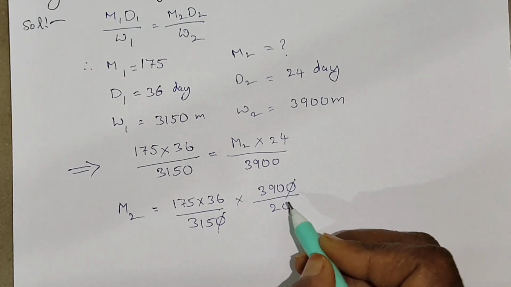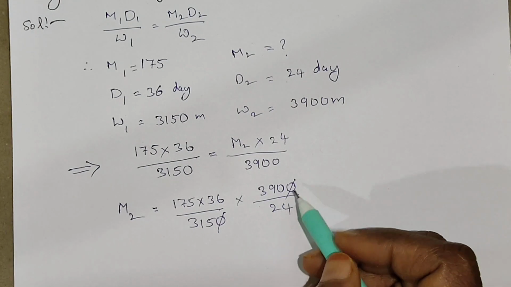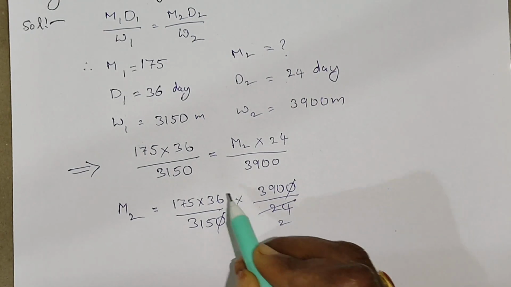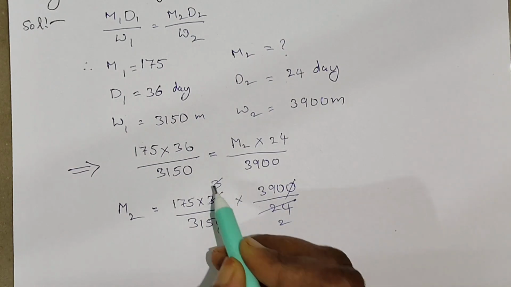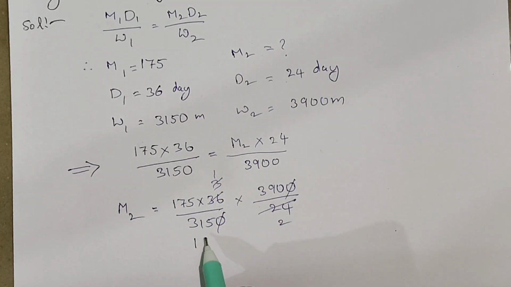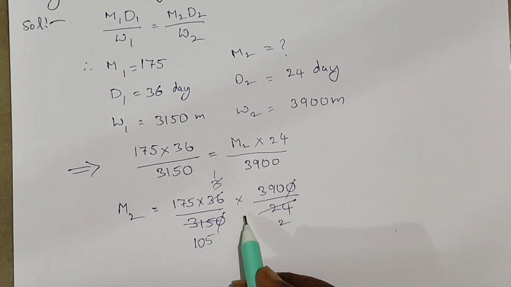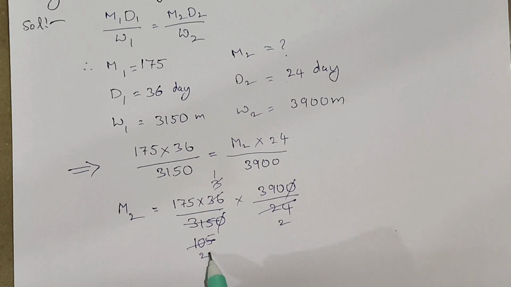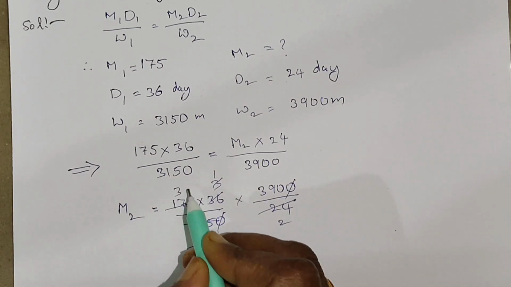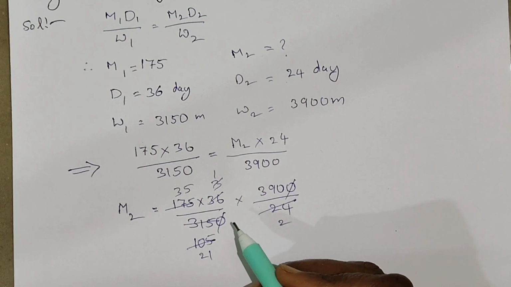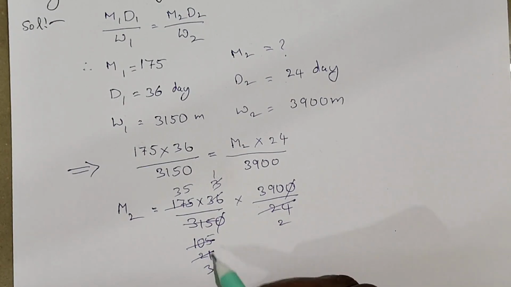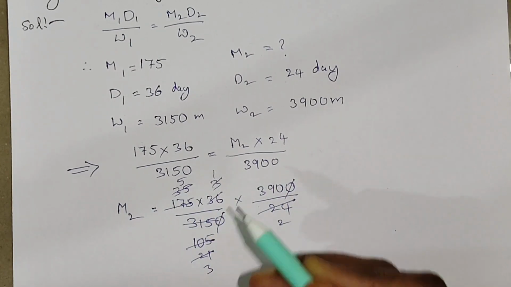So the 0 gets cancelled. Here 12 2s are 12, 3s are 36. Next here 3 1s are 3. Here 3 1s are 3, 5s are, we write the 0. 3 105s are 3 15. So now next 5 2s are 5, 1s are 5, 3s are 15, 5 5s are 25. So 7 3s are 21, 7 5s are 35.